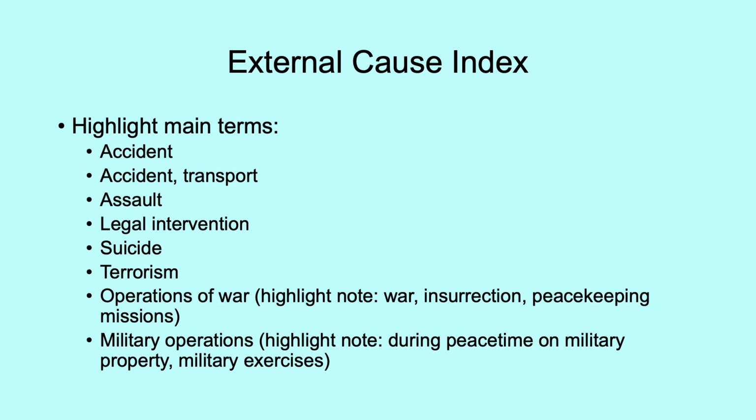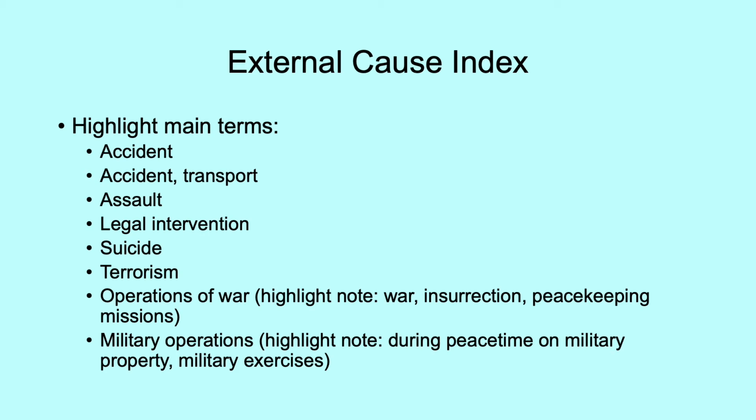Okay, the external cause index is very confusing and repetitive. So try to break it down in the way that works best for you. I would definitely highlight the main terms: accident, accident transport, assault, legal intervention, suicide, and terrorism. Also look at operations of war, and there's a note under there that says it's war, insurrection, peacekeeping mission.